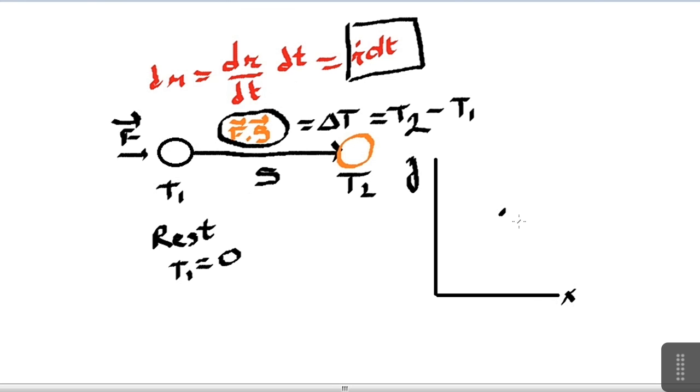Say the name of the object is P, and say the position vector of the object is given by this. So what is this? This is r.